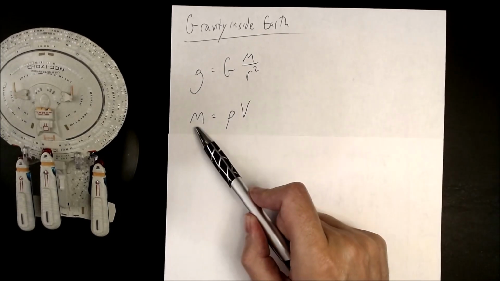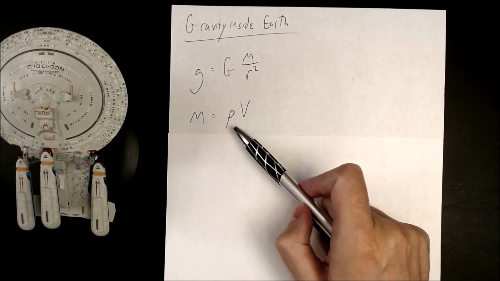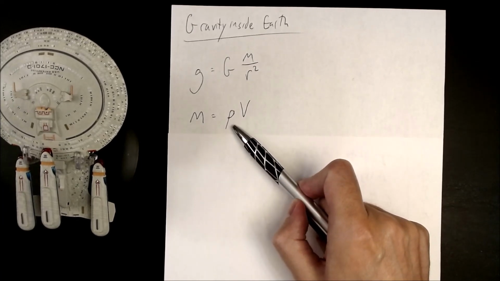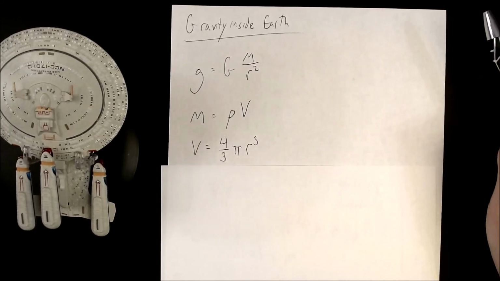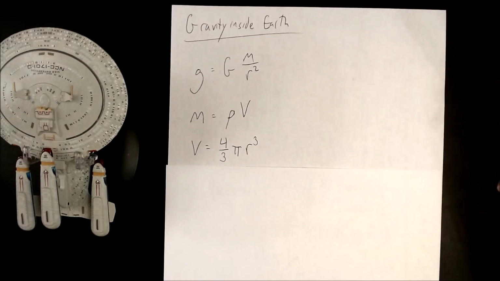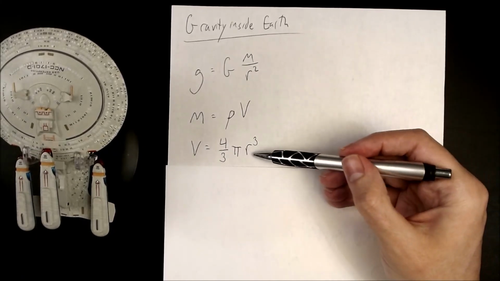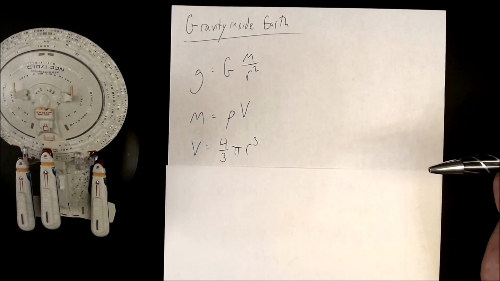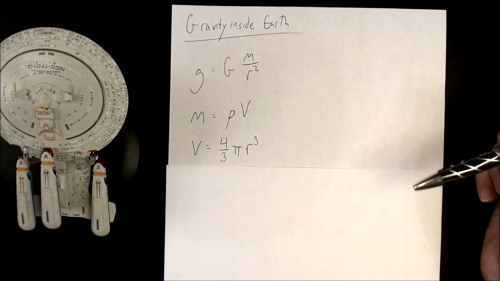Well, the mass of the stuff that's enclosed is the density of that material times the volume that is beneath you. Well, that volume is just the volume of a sphere, 4/3 pi r cubed, but that r is the distance between you and the center of the Earth, because that is the stuff that is below you.